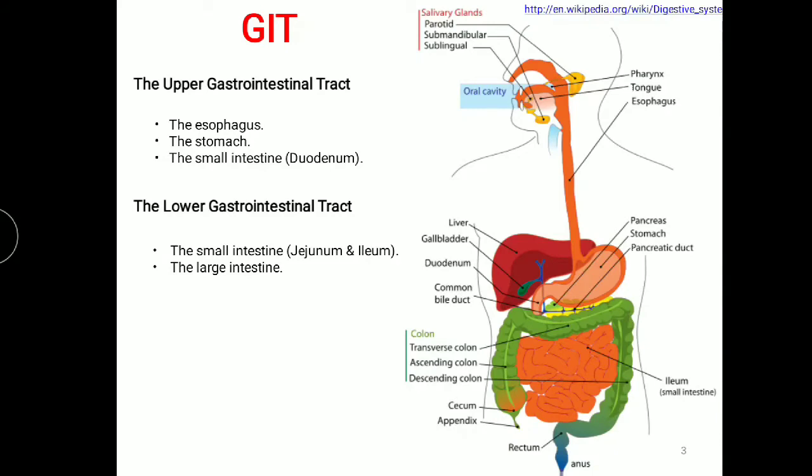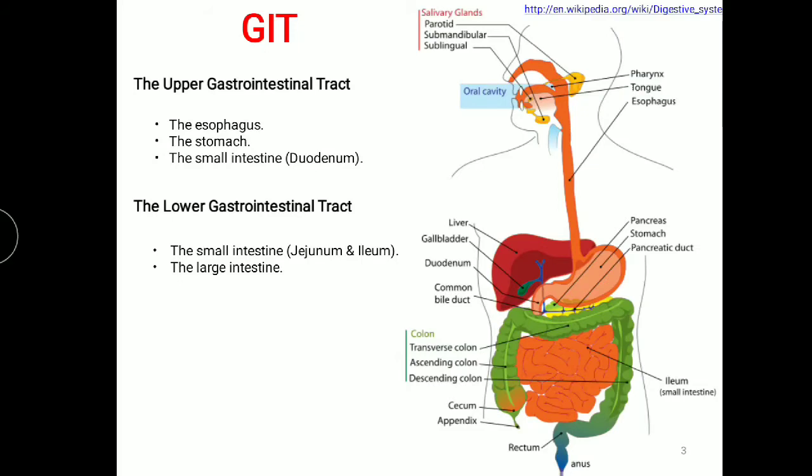The next part of the upper gastrointestinal tract is duodenum, which is the first segment. Duodenum is the first section of the small intestine. It receives acidic chyme from the stomach, and duodenum completes a large part of the process of chemical digestion, liberating small molecules from the ingested food.